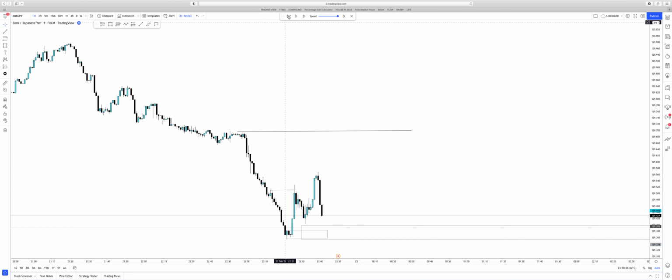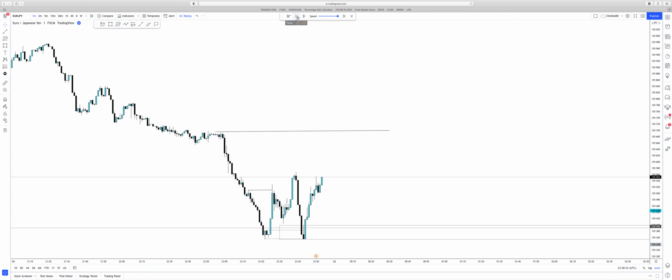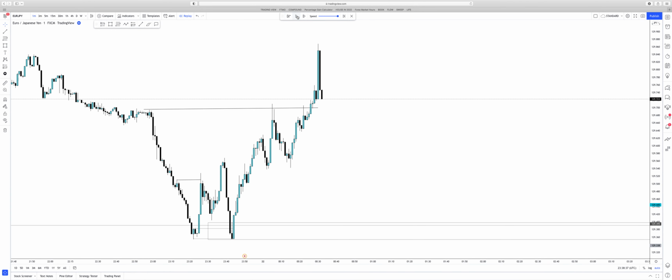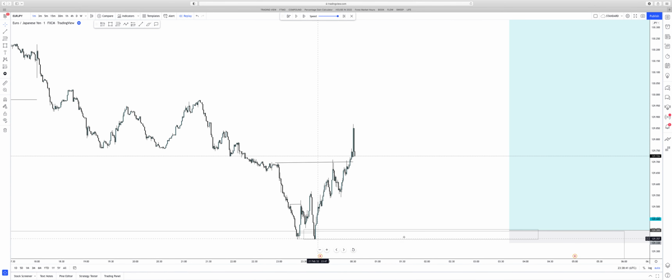So what I done is I waited for, now normally if I don't enter here, I wouldn't enter at all. So we have a break here, and then I literally just highlight the low, this candle here. So this is demand order block.